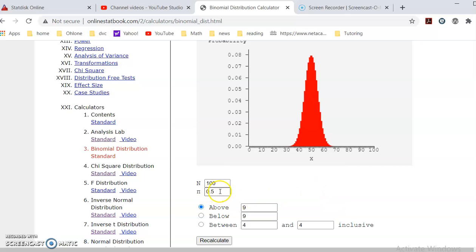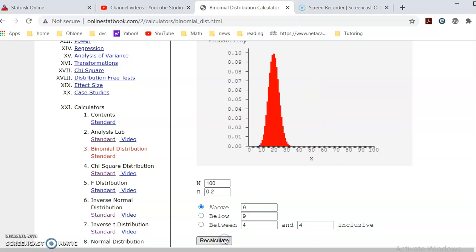You may say, Ms. Chen, because your P is 0.5, it is symmetrical. So what if it's not? If it's 0.2, we calculate. This is still very normally distributed.